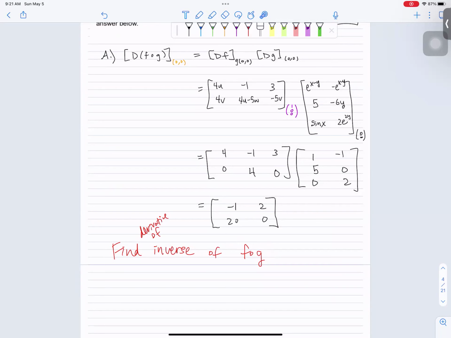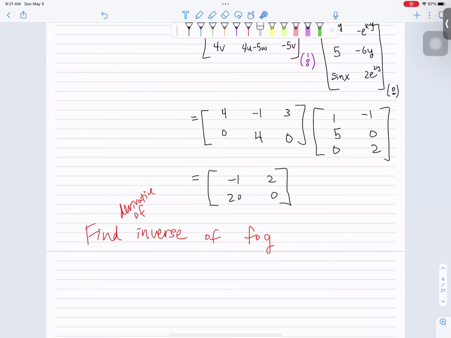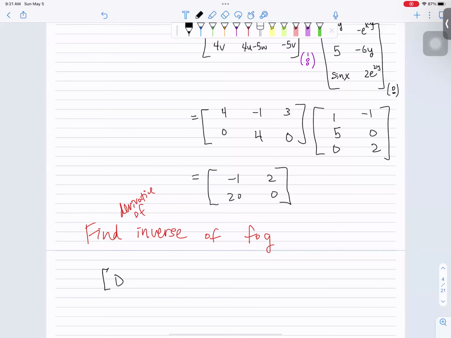Okay, that's better. All right, if you want to find the derivative of the inverse, what does that mean? I want to find the derivative of the inverse of f. So they want you to do the inverse first and then take the derivative. But that's too hard to do. You don't want to do this composition, take an inverse and then take the derivative.